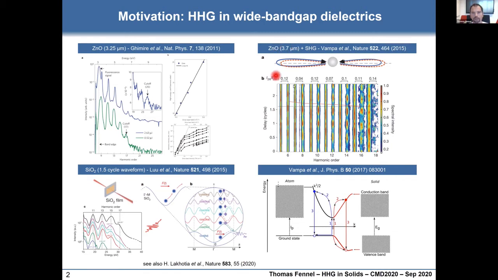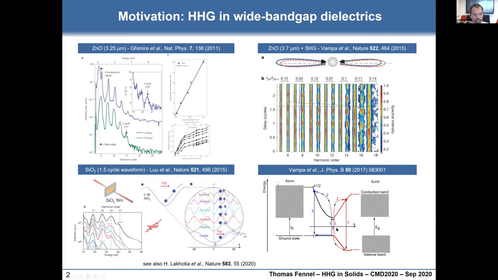And on the other side, the work by Corkum investigated also zinc oxide crystals with the mid-infrared laser plus its second harmonic in order to investigate the origin of the harmonics, and from the relative phase dependence, here written in terms of the delay, of the modulations of individual harmonic orders, they extracted these delays which supported the recollision, such that the model which we know from atoms is somewhat reminiscent also in the bulk, where we have the acceleration in the conduction band and the stimulated recombination, just similar to what we know from the atomic case.